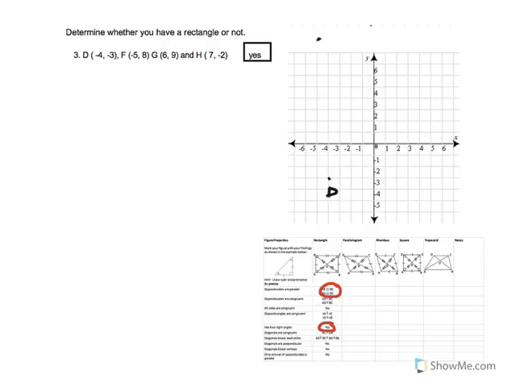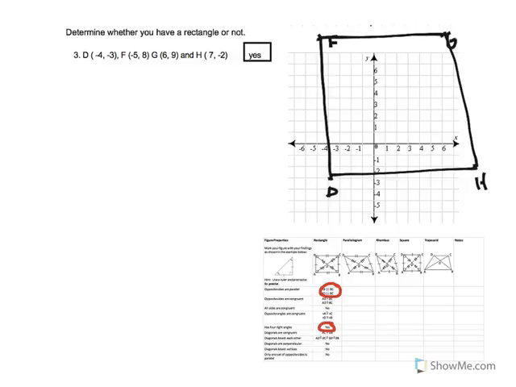G is 6, 9. And then H is 7, -2. Okay. Let's connect our points. Oh, that's not good. Okay, there we go.